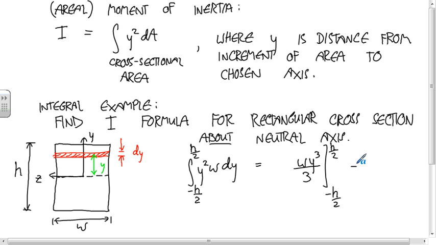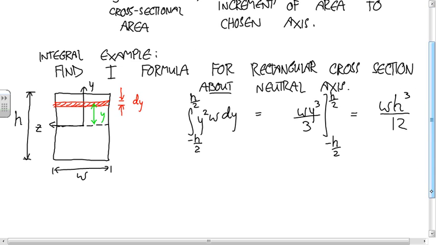Substitute in the h's, and you get w h to the third over 12. Okay, so this is the formula we're going to use the most often.